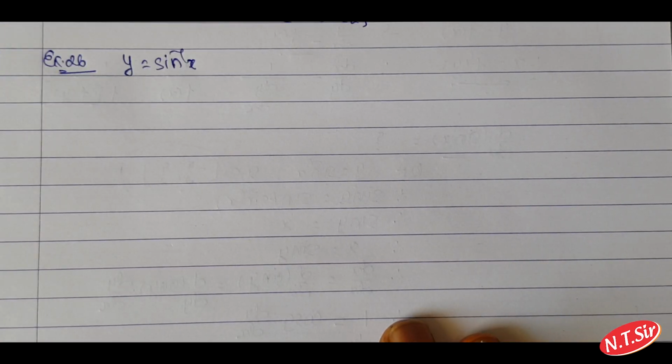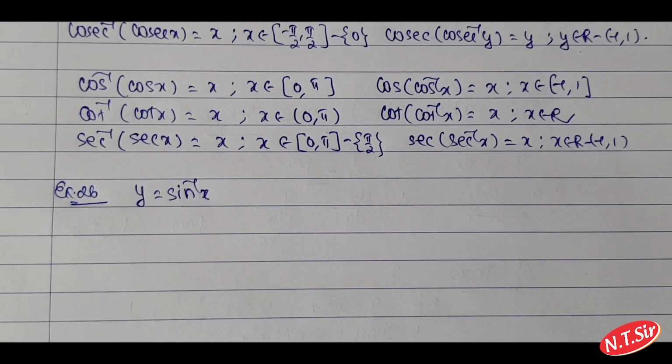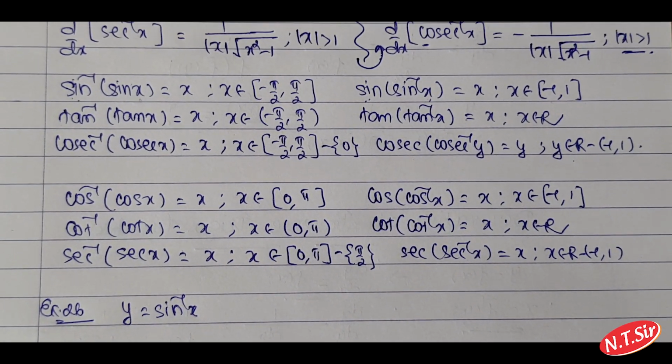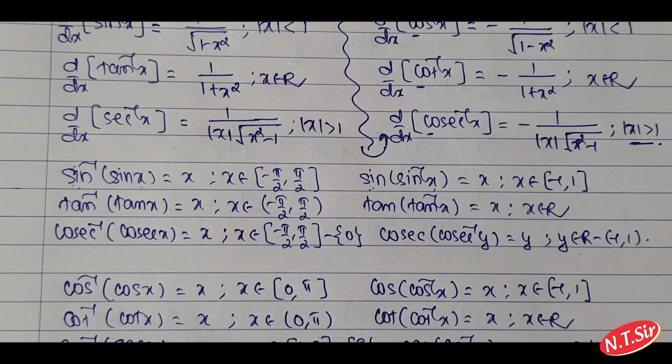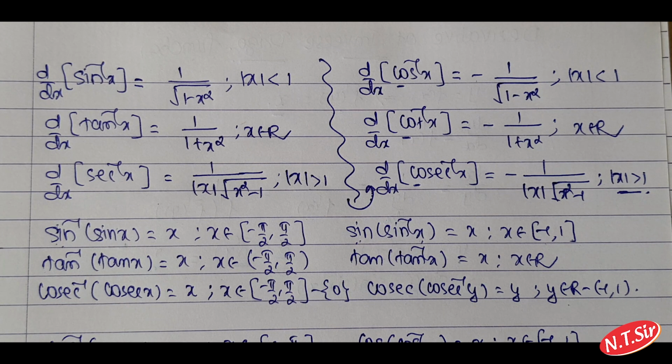Good morning students. So before starting to solve the examples, let us recall your formulas of inverse trigonometric functions, the derivatives of the inverse trigonometric functions also, right? So first, derivative of sin inverse x is 1 upon under root 1 minus x square.